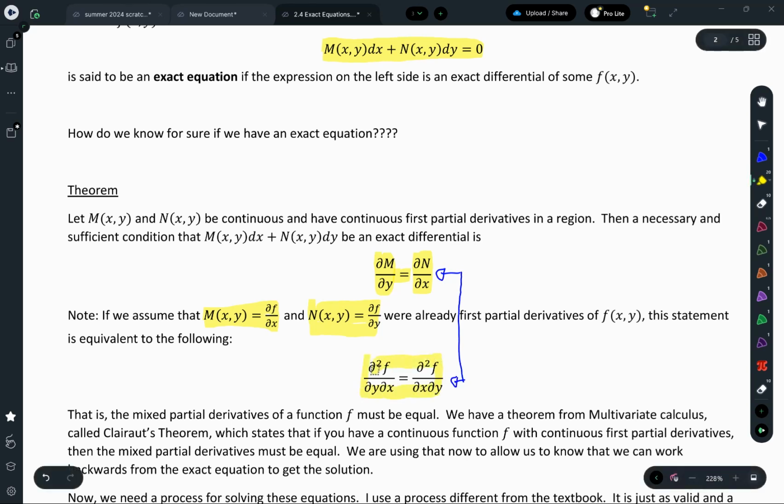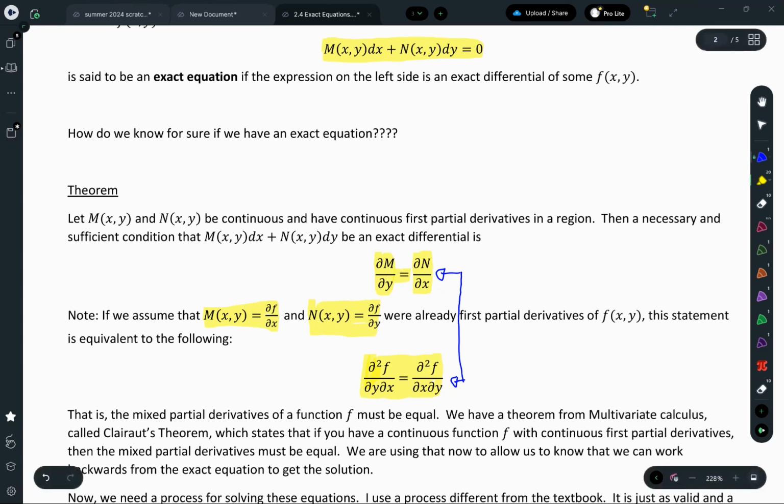Now this notation is really weird, especially if you've not taken Calculus 2. The left-hand side says the second partial derivative with respect to x and then with respect to y is equal to the second partial derivative of f with respect to y and then with respect to x. So those are the mixed partial derivatives. If I take a function and I find its derivative with respect to x, that would be my M. Then I take M and I find its partial derivative with respect to y.